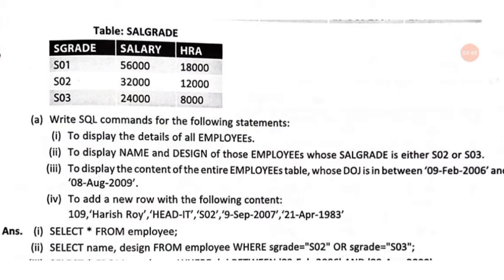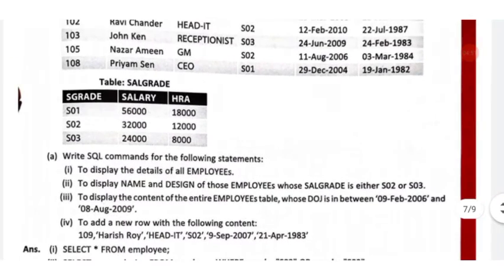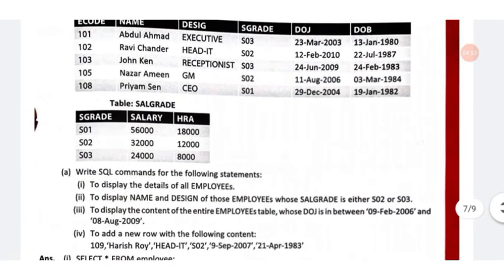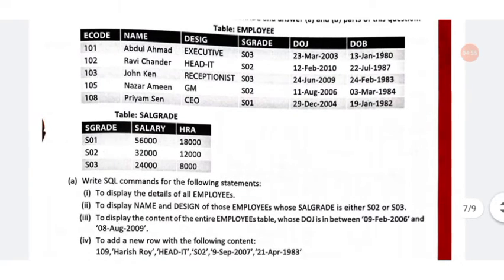Then to display name and designation of the employee whose sal grade is either S02 or S03. The column representing name is name, and for designation it is the column desig.